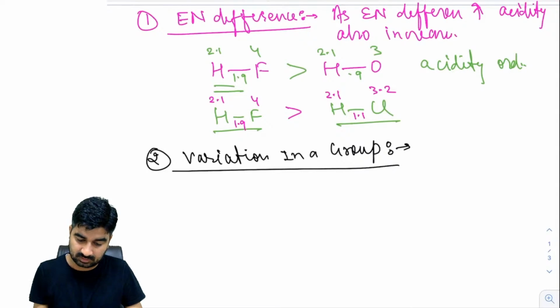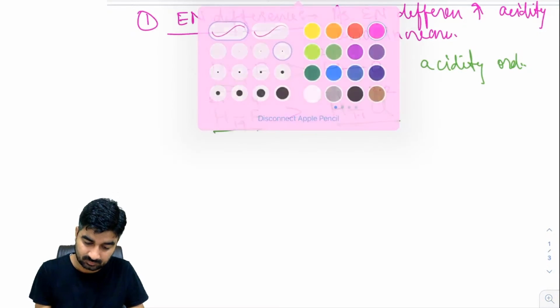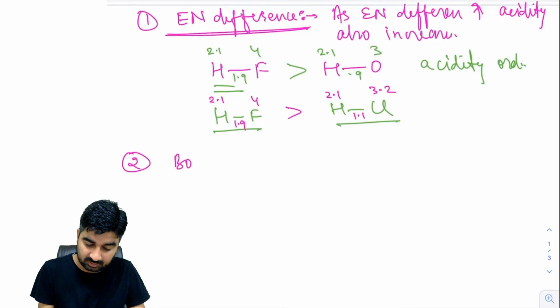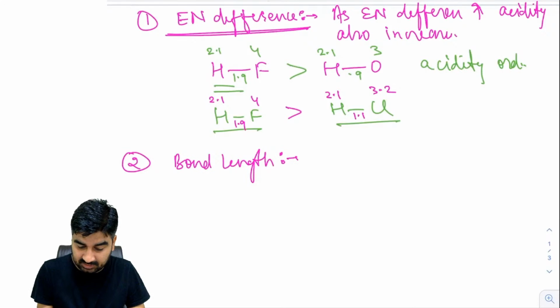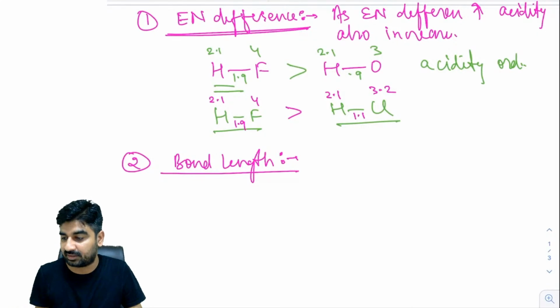I took electronegativity difference and now bond length. Acidity strength means something that can easily lose H plus is called acidic. The more easily it loses H plus, the more will be its acidity.